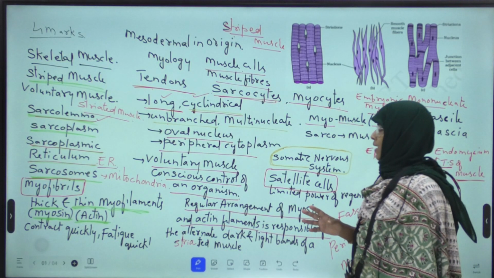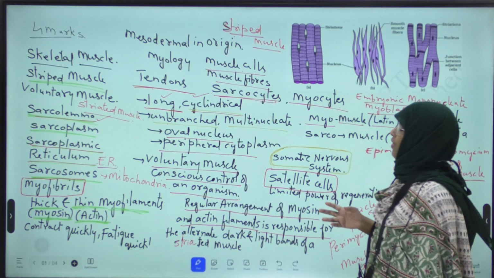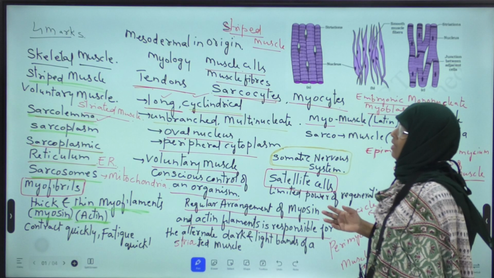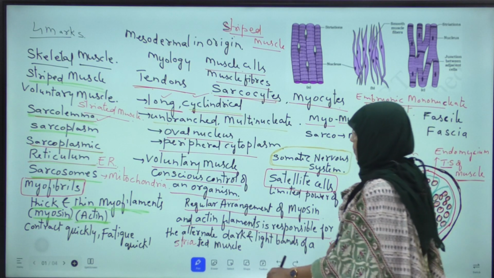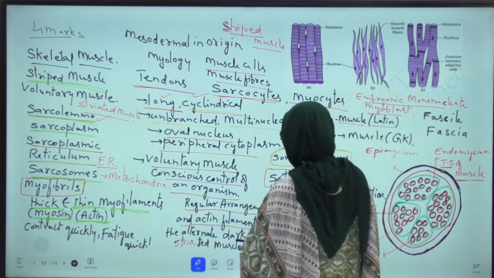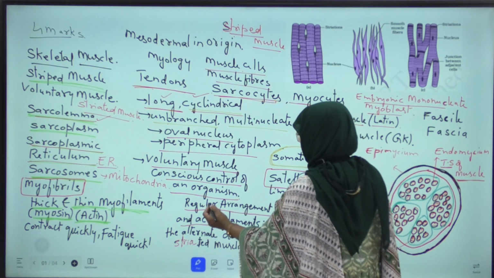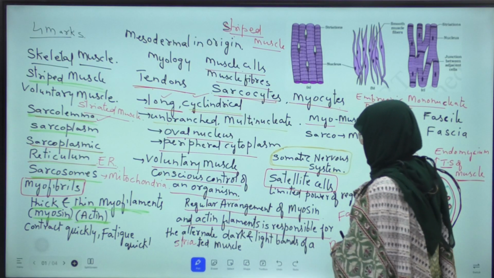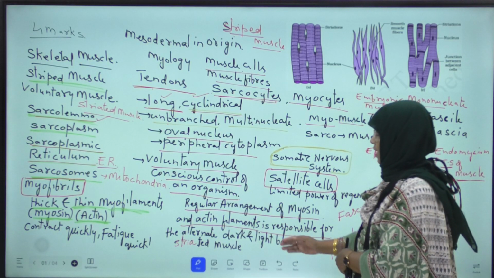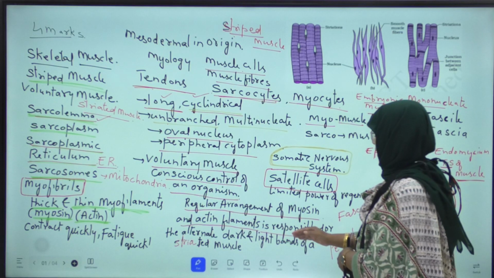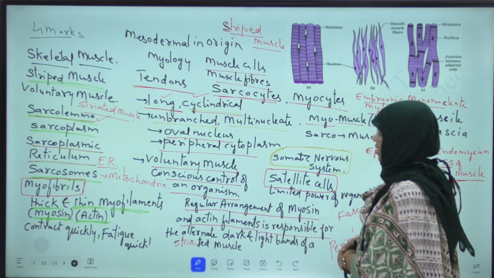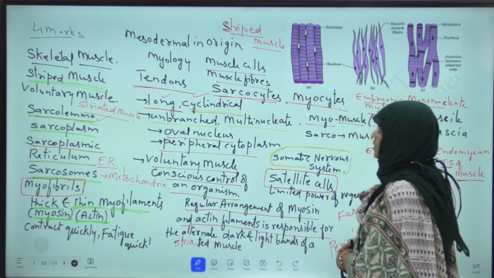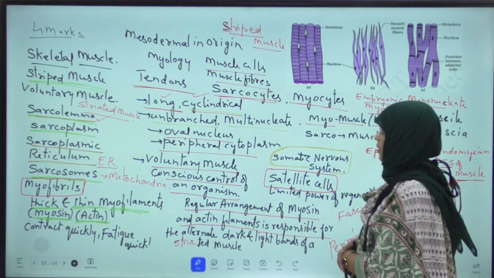Thick filaments are also called dark bands and thin filaments are also called light bands. Hence, this muscle is called striated muscle or striped muscle.